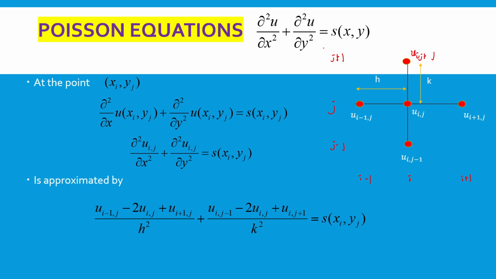Hence the Poisson equation, del 2u del x2 plus del 2u del y2 equal to s, which is a function of x and y, we approximate at the point xi, yj.